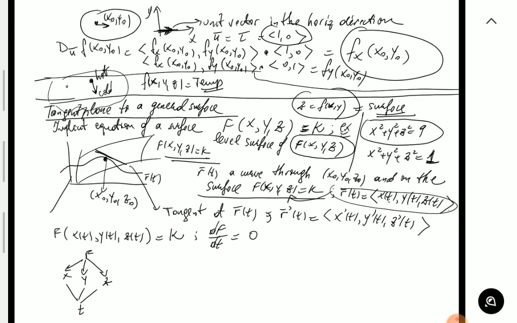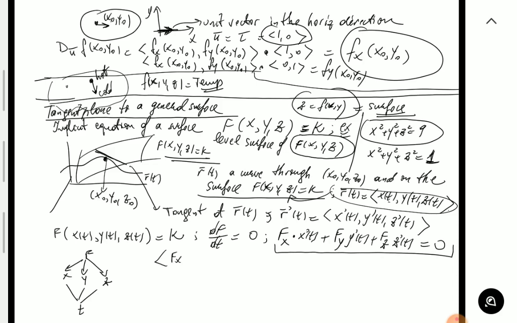Okay, now via the chain rule, what is df dt? Well, that's going to be partial x of big F times x prime of t plus partial y of big F times y prime of t plus partial z of big F times z prime of t, which should be 0. But now I hope you notice that, again, this is a dot product.